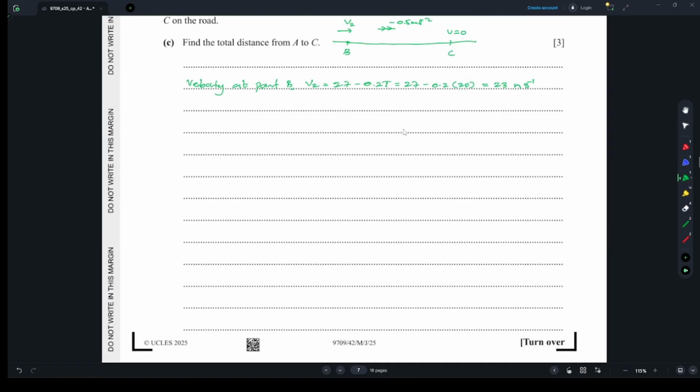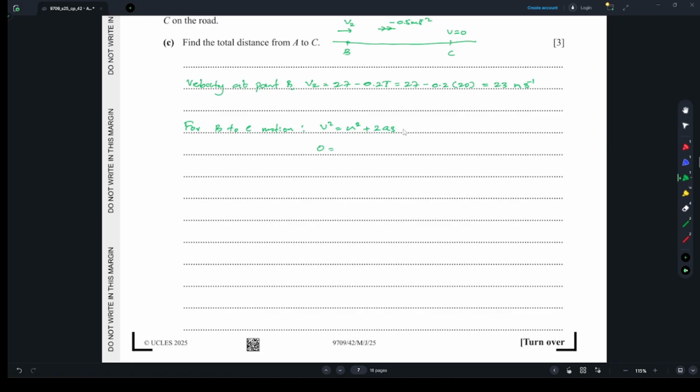So then we can apply for B to C motion. We know the final velocity is 0, initially is v2, we found it. We know the acceleration, and so we can find the distance, right? So we can apply v square equals u square plus 2as.